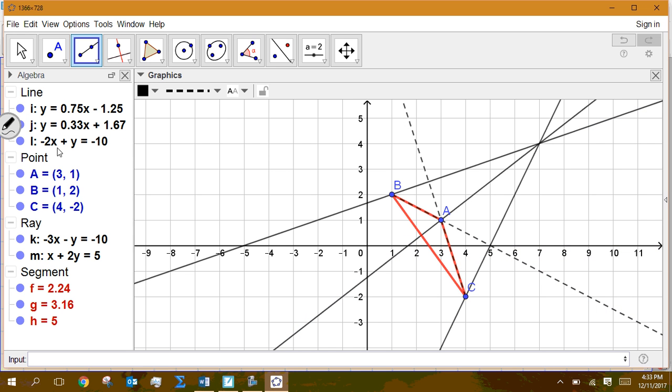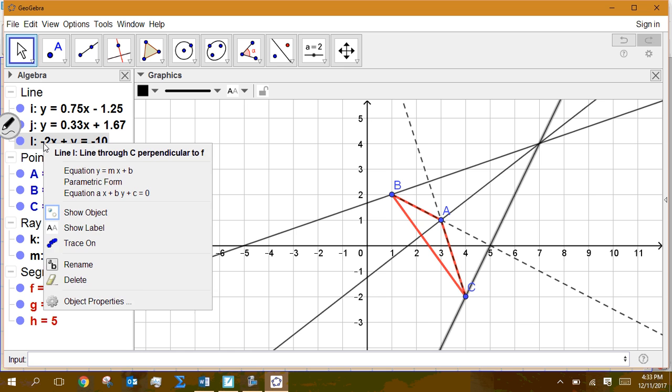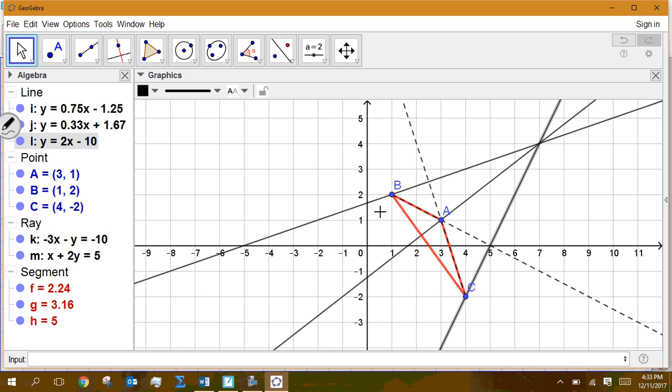If we look then here at this line right here, we do get y equals 2x minus 10. So those 3 points, so those 3 lines, that one, and that one, okay?